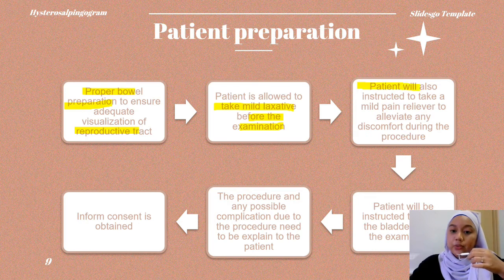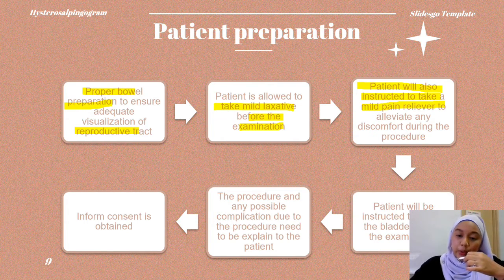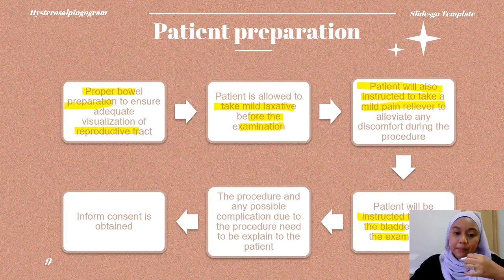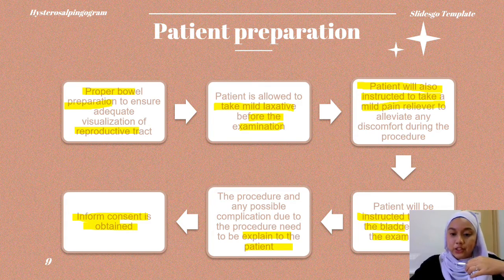The patient will also be instructed to take a mild pain reliever, to ensure the patient has less pain and discomfort during the examination. The patient will also be instructed to empty the bladder before the examination. If the procedure can cause complications or any reaction, you need to explain to the patient so that the patient knows what they are going through. And lastly, we need to obtain informed consent from the patient in order for us to perform HSG.